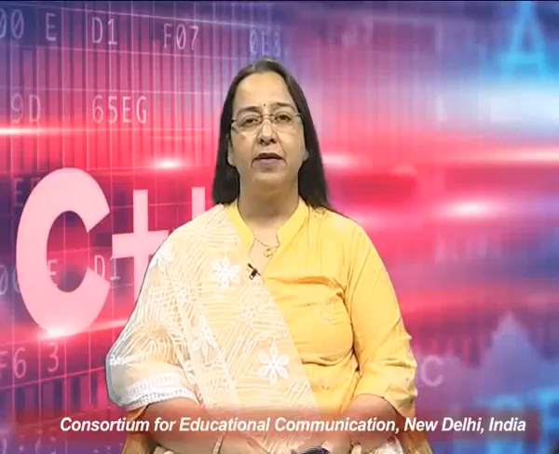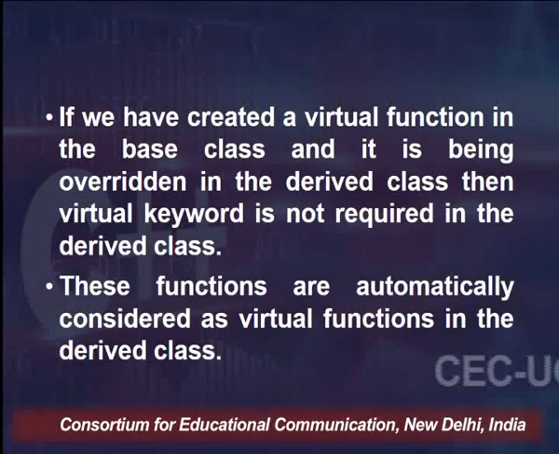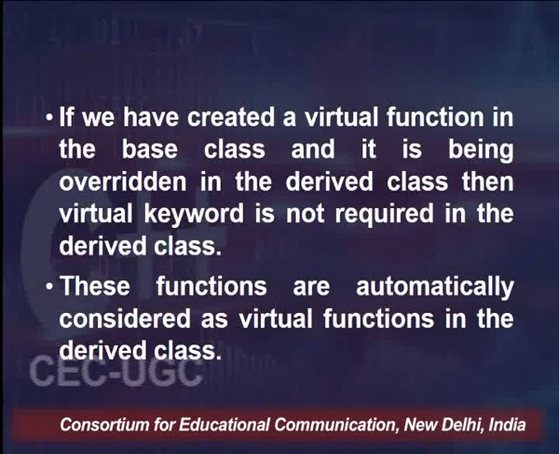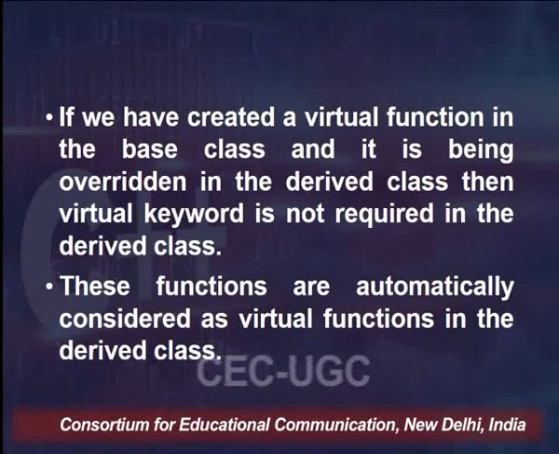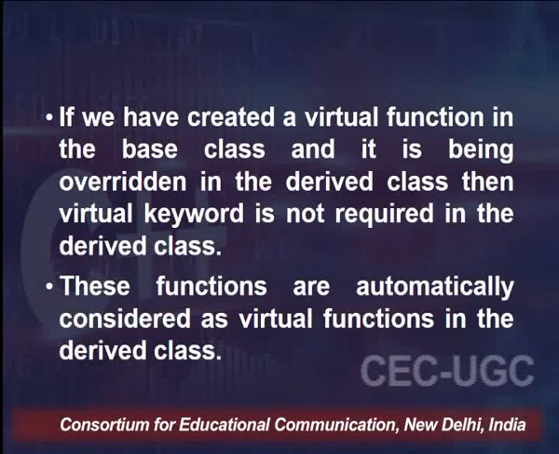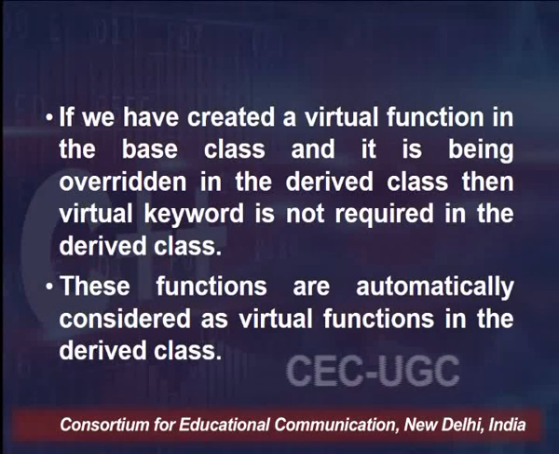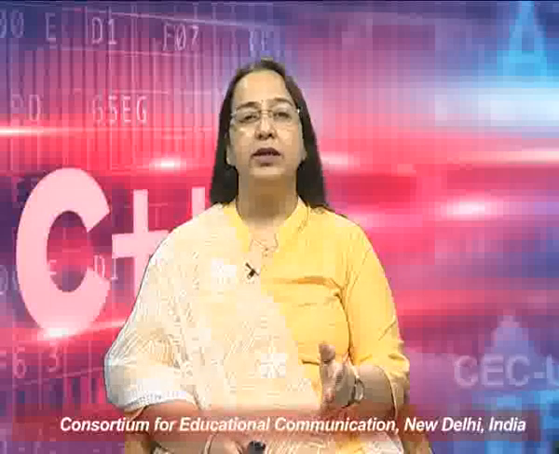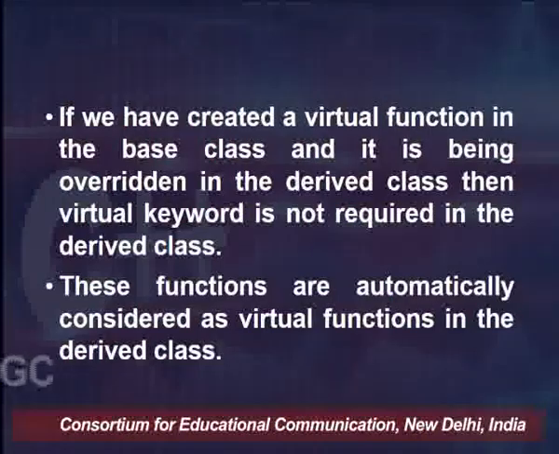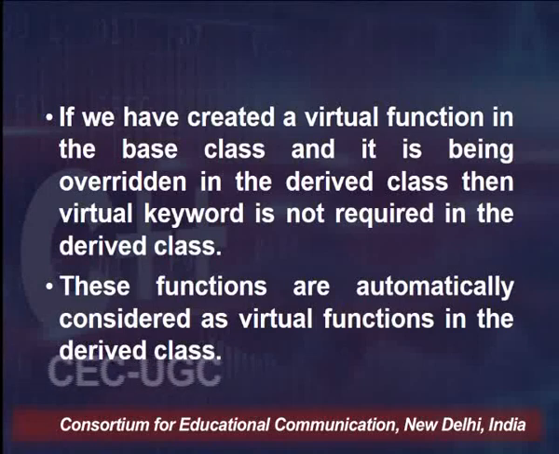If we have created a virtual function in the base class, it is overridden in the derived class, and this mechanism we have seen. If it is overridden in the derived class, then the virtual keyword is not required in the derived class, but yes, in the base class it is definitely required, because these functions are automatically considered virtual inside the derived class.